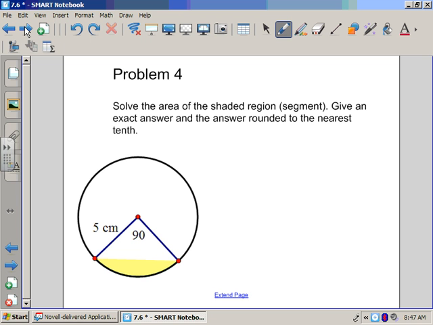And finally, problem 4, solve the area of the shaded region. Give an exact answer, and then let's give the answer rounded to the nearest tenth. So let's begin with the exact answer first. I'm going to find the area of the shaded region.